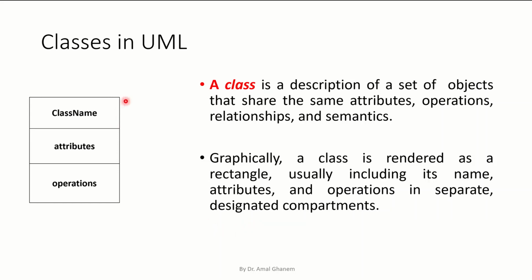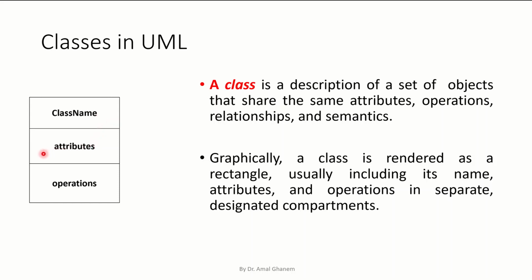The way we do it, we have a rectangle, and we divide it into 3 spaces. In the upper space, we include the class name. So if the question says you have to design a class named university, I have to write university in the first part.